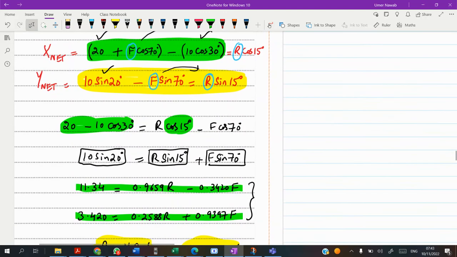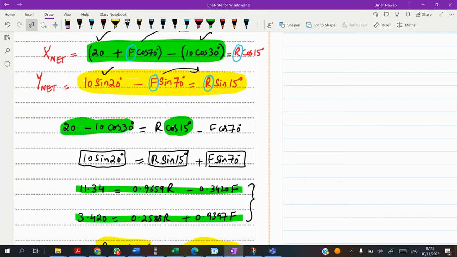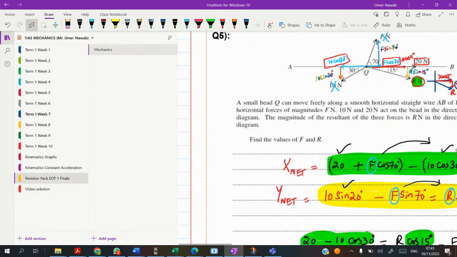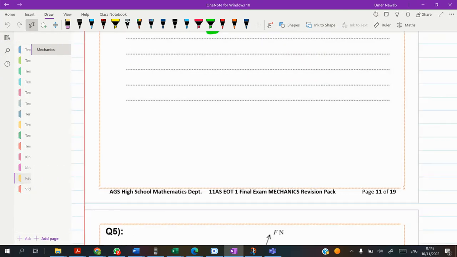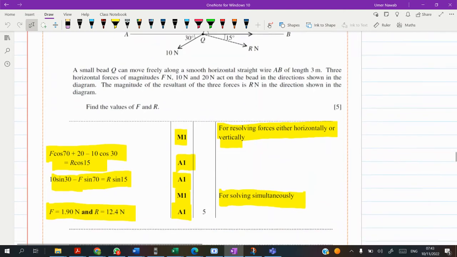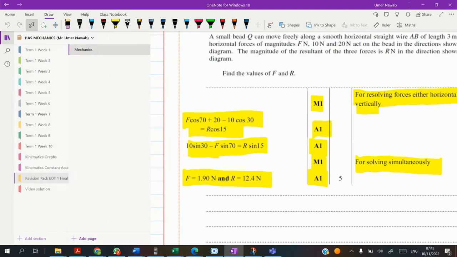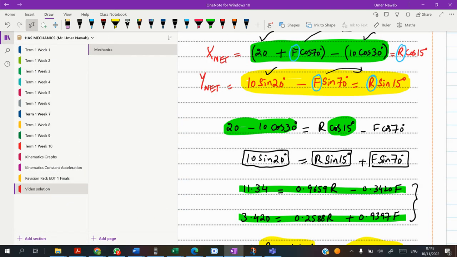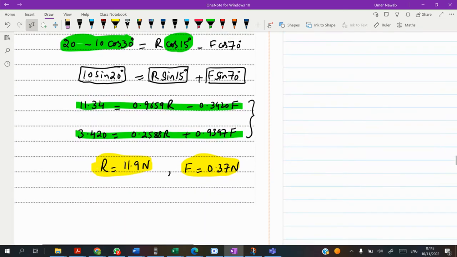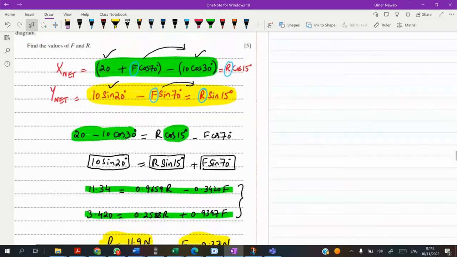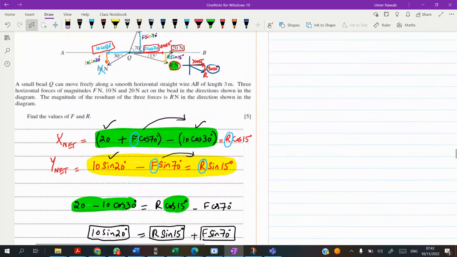20 plus f. I want to check it again. Which question were we solving? We got f 1.9. Is it the same thing which I wanted to get? Let me see again.